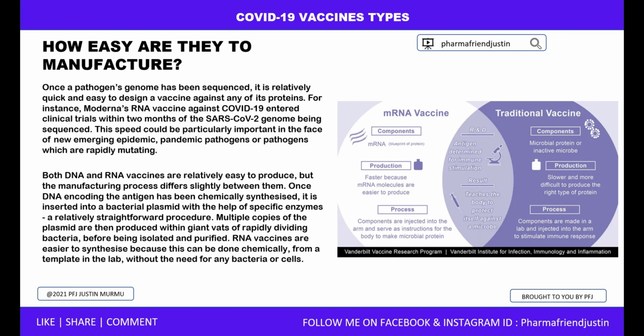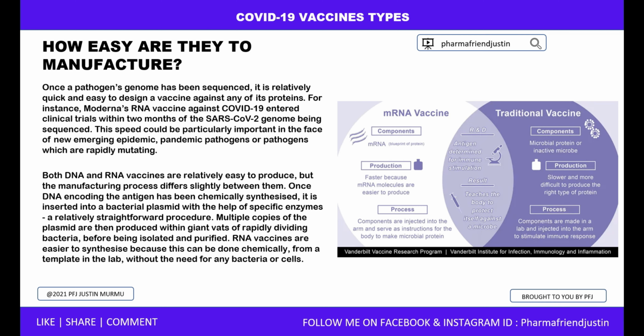Once the DNA encoding the antigen has been chemically synthesized, it is inserted into a bacterial plasmid with the help of specific enzymes, a relatively straightforward procedure. Multiple copies of the plasmid are then produced within giant vats of rapidly dividing bacteria before being isolated and purified.